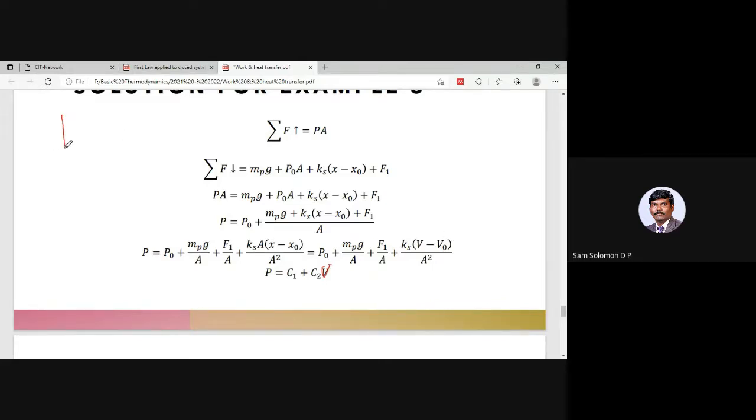And so now I can plot a graph where P is on the y-axis and V is on the x-axis, and now it is some linear line.